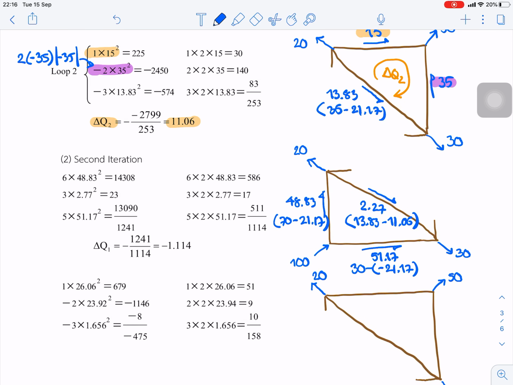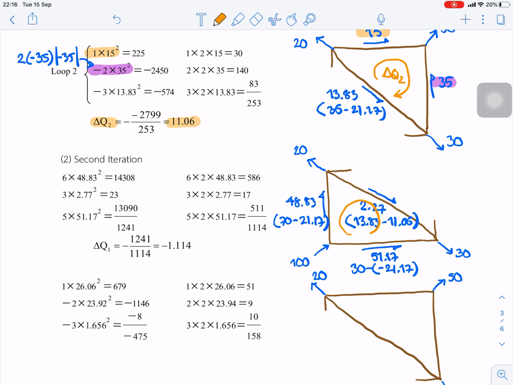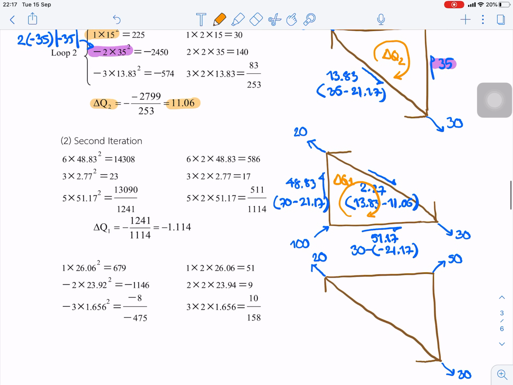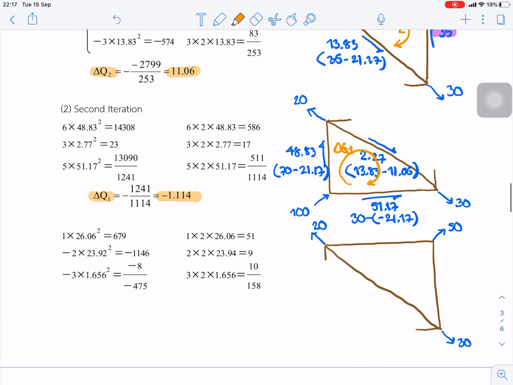Okay, so we make another round, delta Q. In the second round we got delta Q equal to a smaller negative 1.114. So this one we can make the correction at the middle.